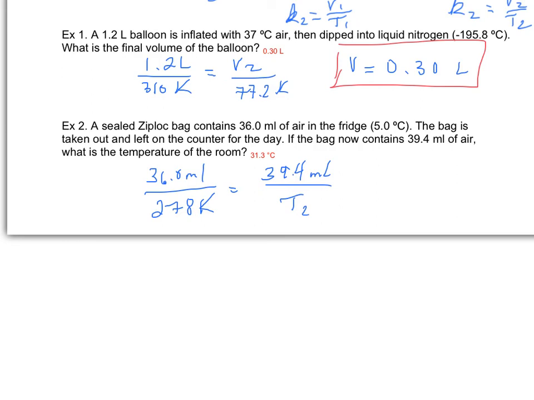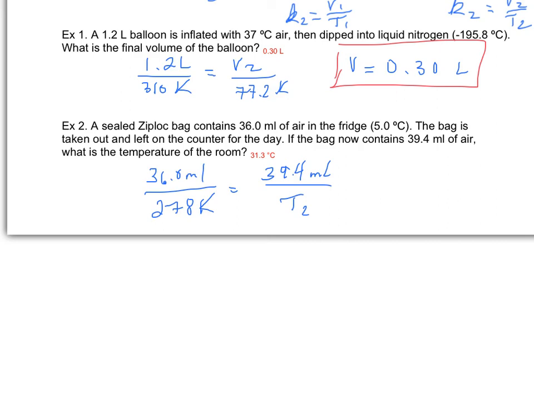Now there are a couple of different ways that you can rearrange for T2. Some people like to simplify what this fraction is in one step and then do the switch so that T2 gets by itself. What you don't want to do is divide these two and then divide by 39.4. That will give you 1 over T2, not T2.